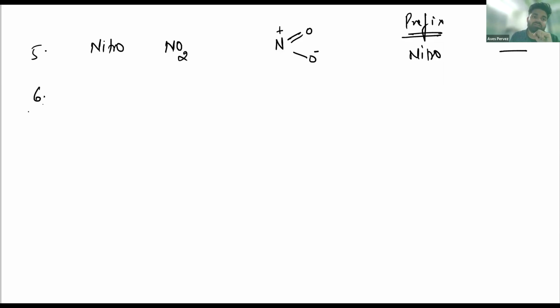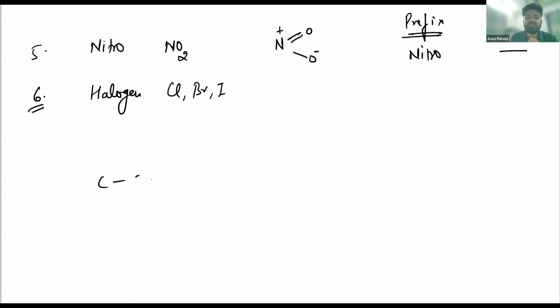The sixth one is the halogen group. Halogens are like chlorine, bromine, iodine. Okay, this is called halogen.